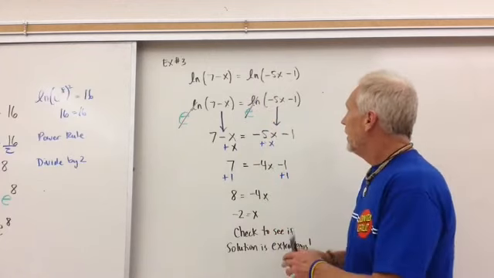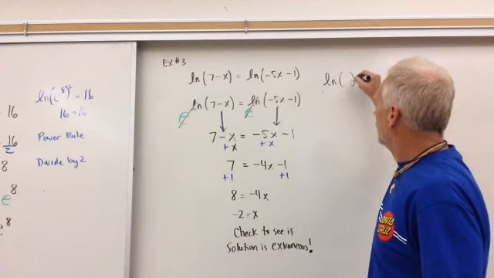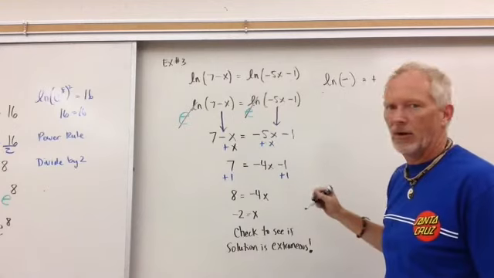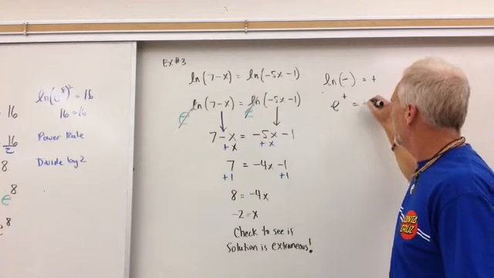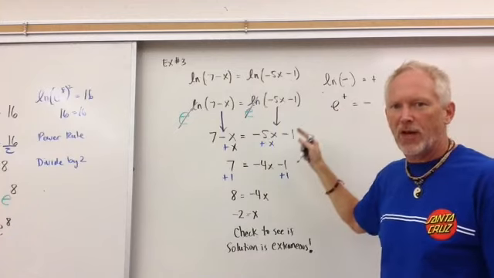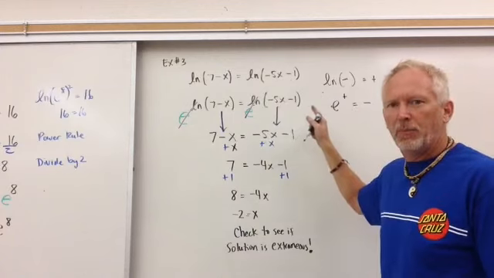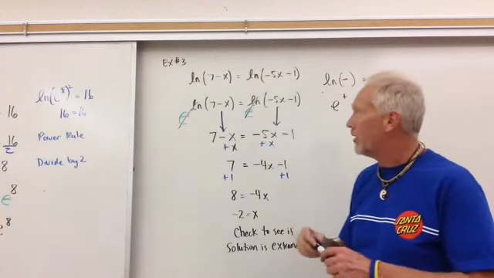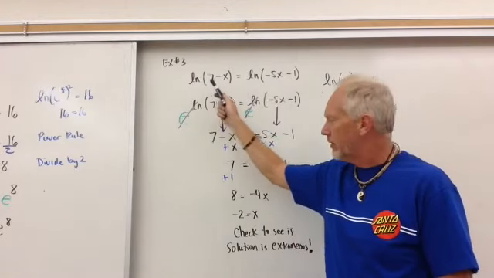If we say ln of something negative is equal to a positive out here, that's basically e to some positive equals some negative, right? That's basically how we have to rewrite that. Well, there's no way I will ever get a negative number over here. So we have to make sure that whatever is inside the parentheses stays positive.